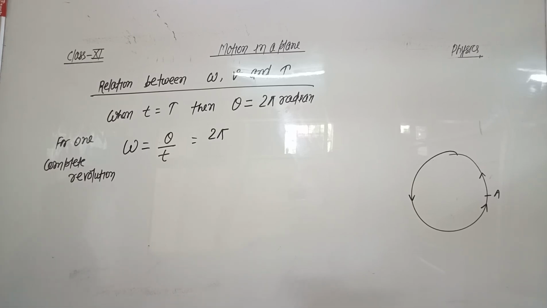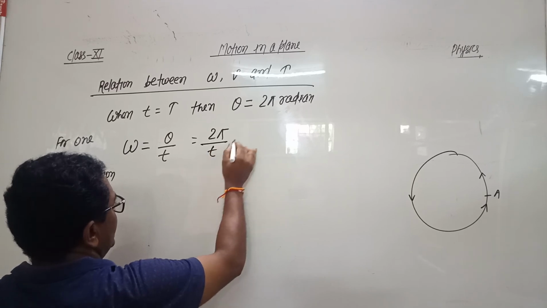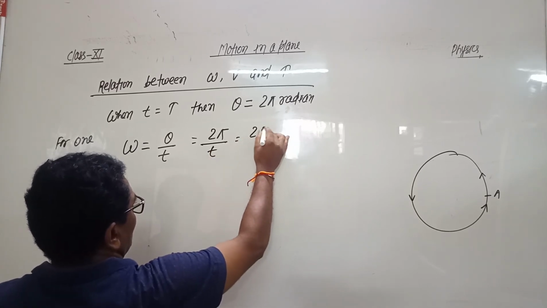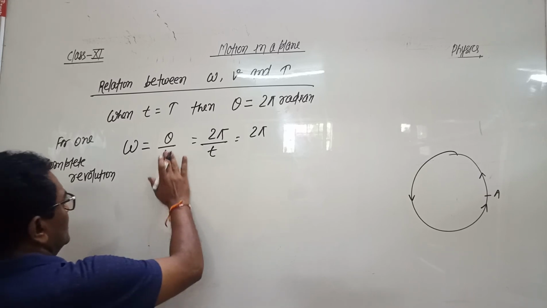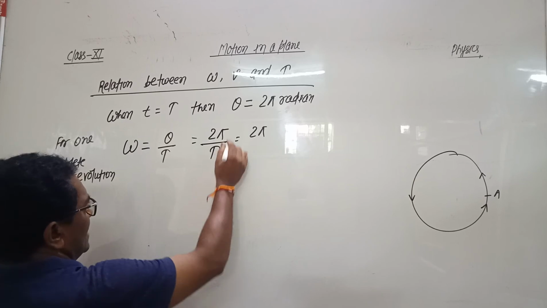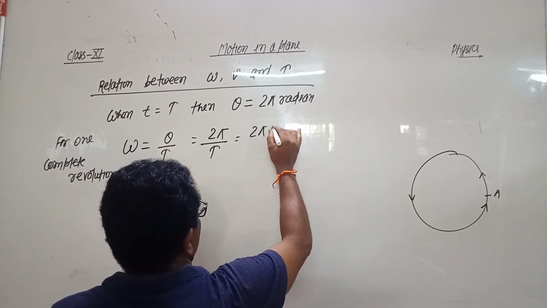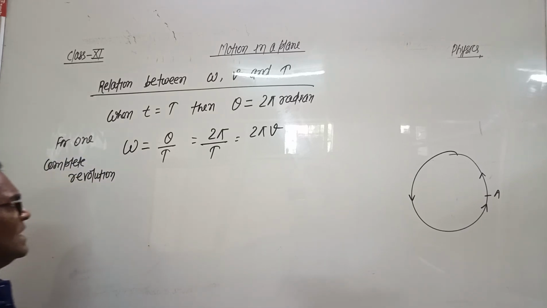So omega equals 2 pi upon T, which is 2 pi times 1 by T, and 1 by T is called frequency. So this is the relationship between omega, nu and T.